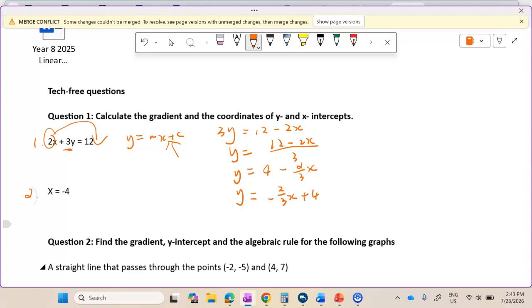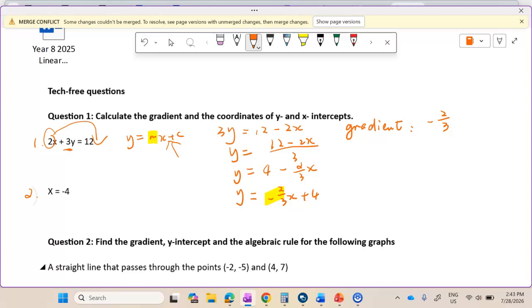Okay, very good. Now, as what we have discussed before, this is m, and m is the gradient in this case, okay? So the gradient is negative 2 over 3.